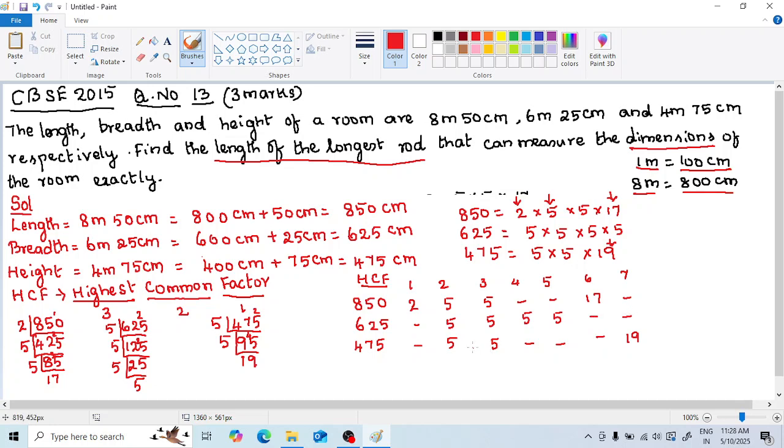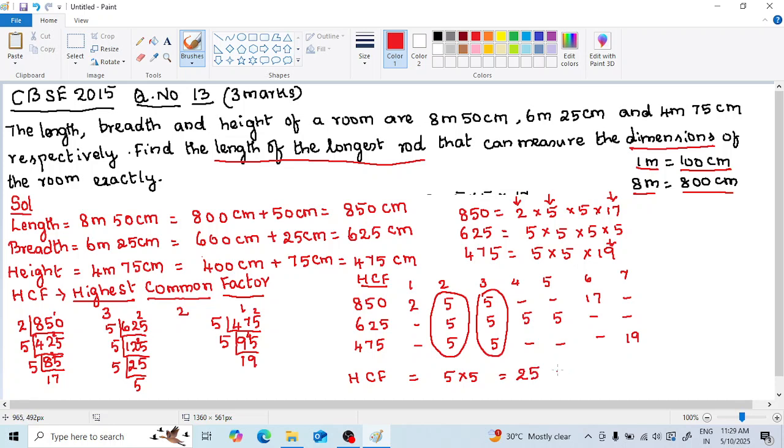Now we have to find out the highest common factor, the common value. We can see the common term here is 5. So we take the product of the common factor, 5 into 5. So the highest common factor of these three numbers will be 25.